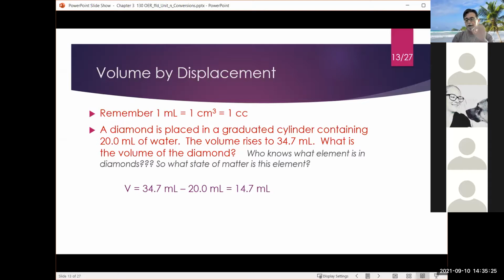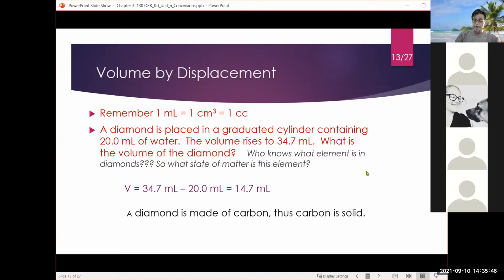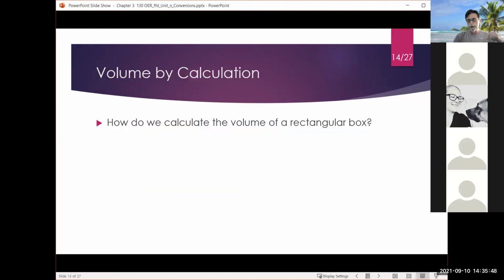So the volume of that diamond is only 14.7 milliliters: 34.7 minus the 20 milliliters that it began with. Now you can measure its mass. Divide the mass by the volume, and you have the density of that particular diamond.